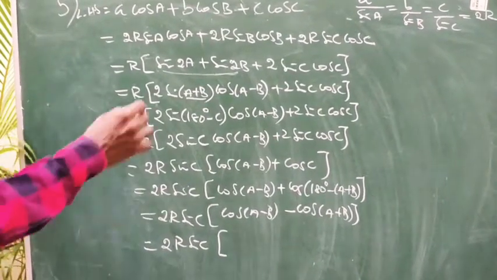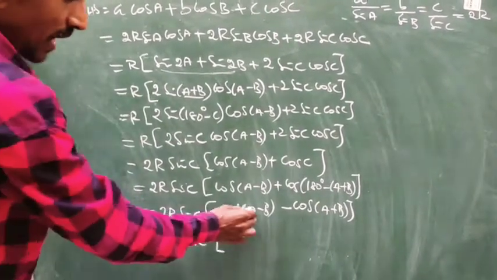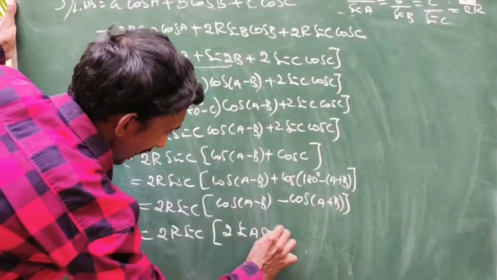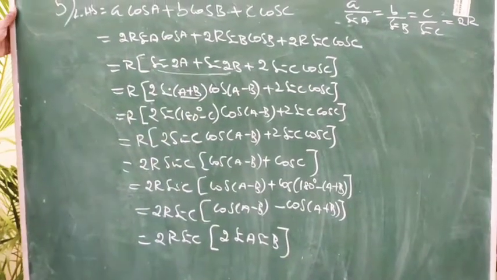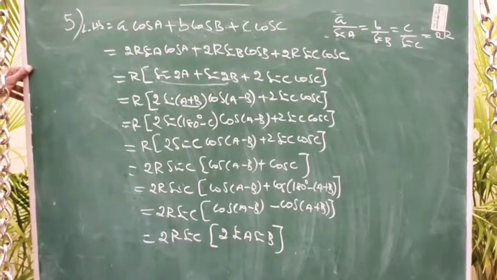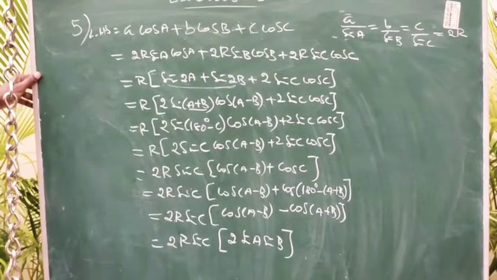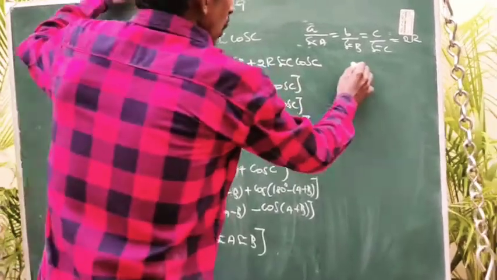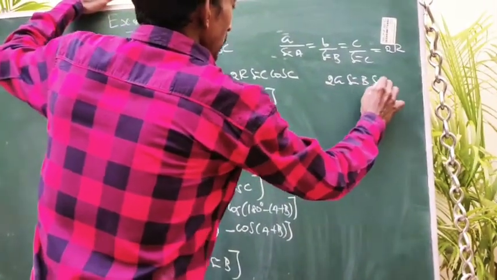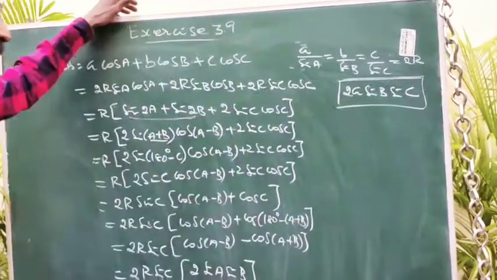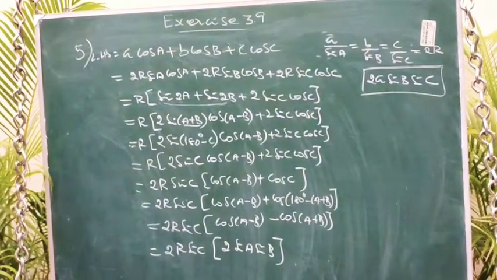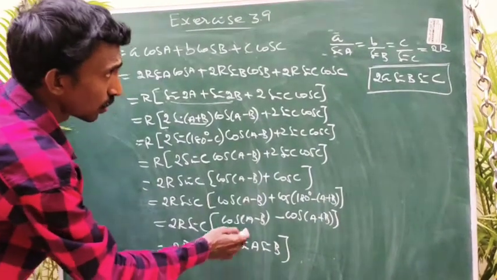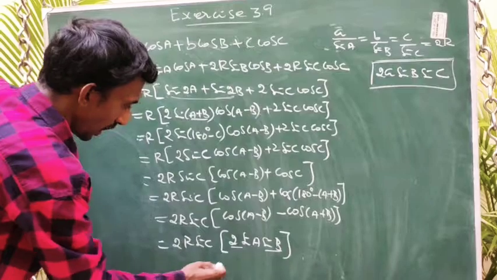What is the value? Cos (a minus b) minus cos (a plus b) is 2 sin a sin b. We can get it directly. So what we have to prove? This should equal 2a sin b sin c. That is our aim. Keep the value 2 sin b sin c.